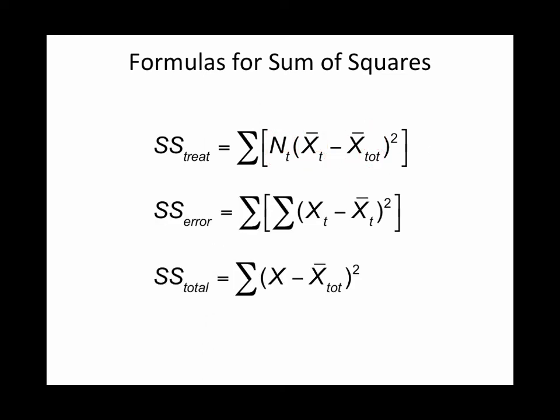So as we take one last look at these formulas, I again just want to point out that the sum of squares treatment is a variation between the groups. And indeed, that is evidenced by the fact that we are using the group means as compared to the grand mean in all those deviation scores.